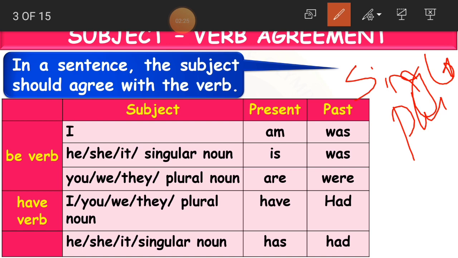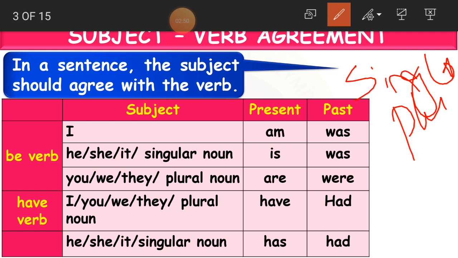If the subject is in plural form, the verb must also be in plural form. I hope you know, everybody, children, what is a singular form and what is a plural form. Singular means we are talking about only a single person or a single thing. Plural is more than one. Clear?